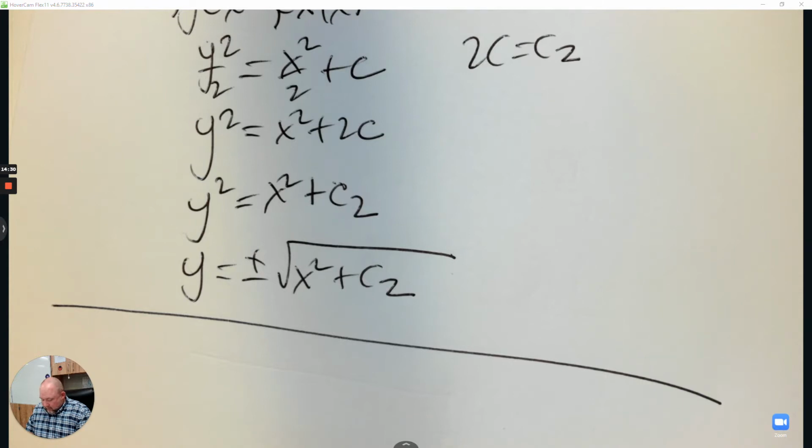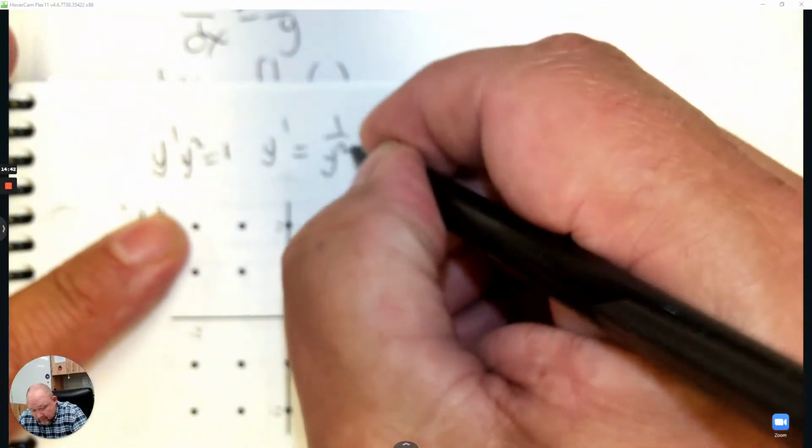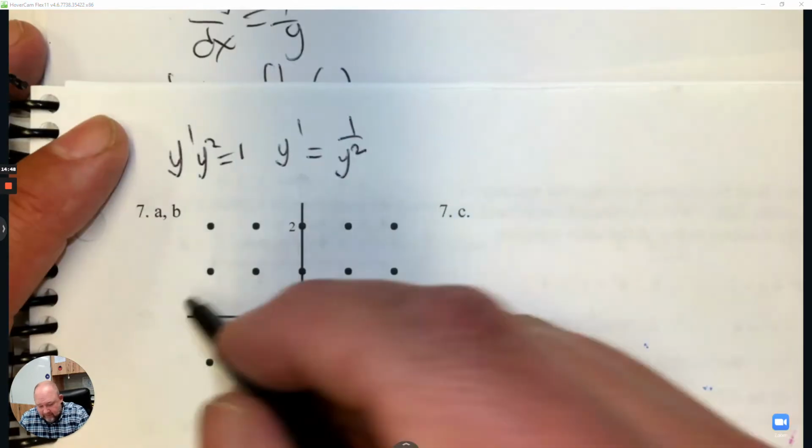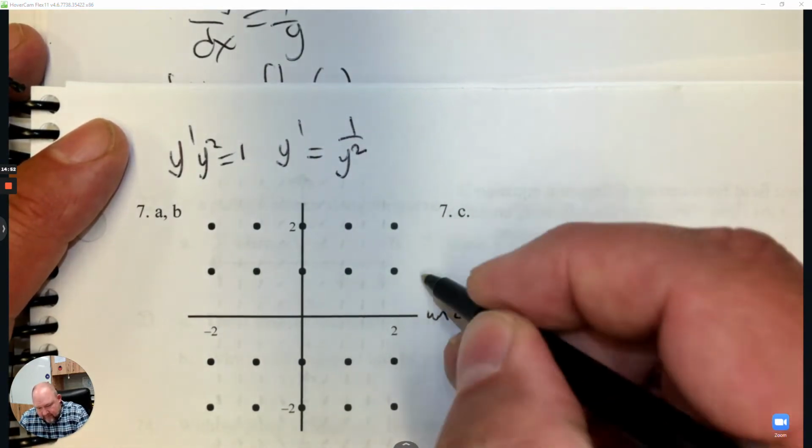All right, number 7. y prime y squared equals 1. So to get y prime by itself, I'm going to divide by y squared. So it's 1 over y squared. Again, because it's the y's, I can go row by row. So if I plug in 0, it is undefined.